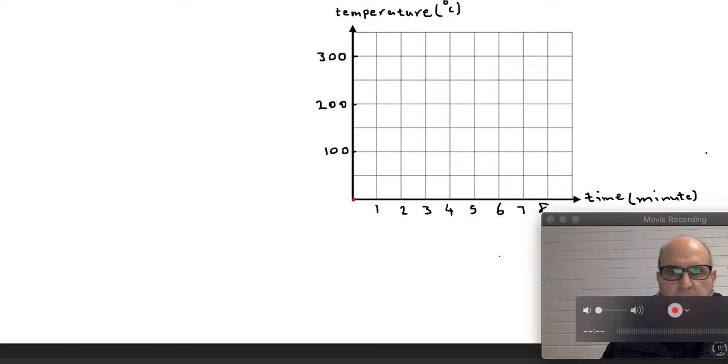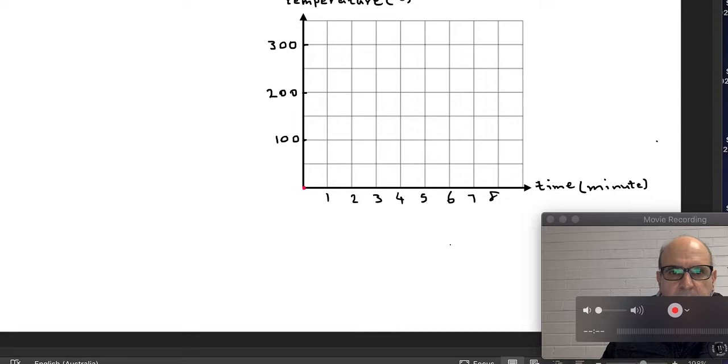Now, when time is 0, the temperature is 0, and then we have time 6, and the temperature is 300.